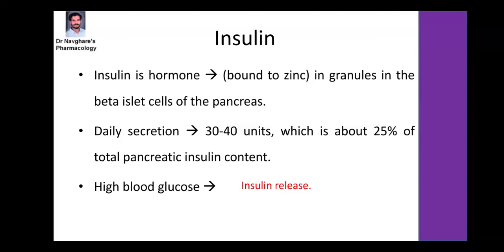Average daily secretion of insulin is about 30 to 40 units, which is approximately 25% of total pancreatic insulin content. Insulin is released when plasma glucose increases. So this is the main reason for release of insulin.